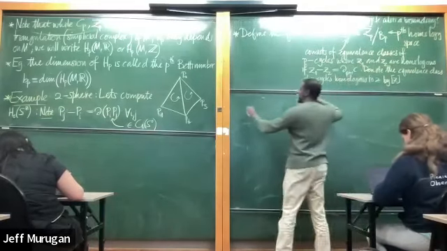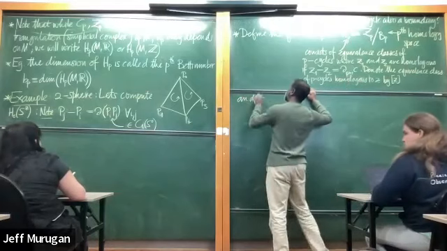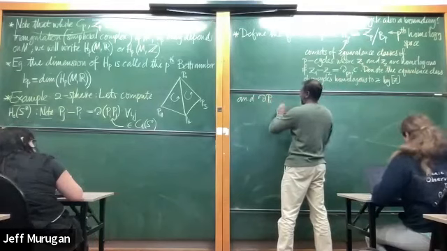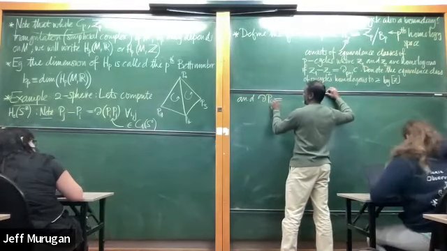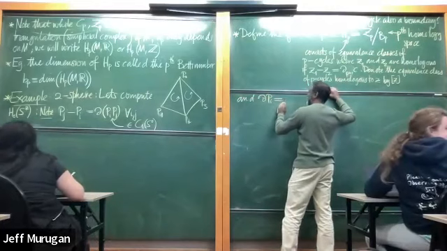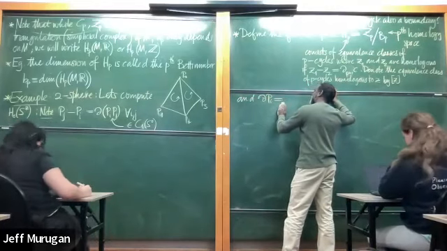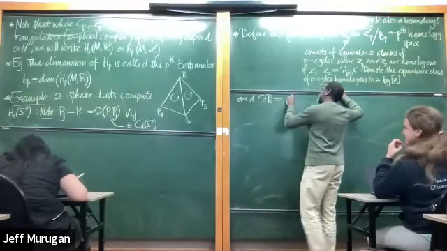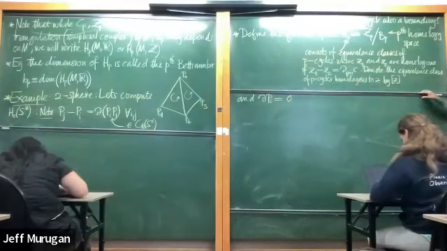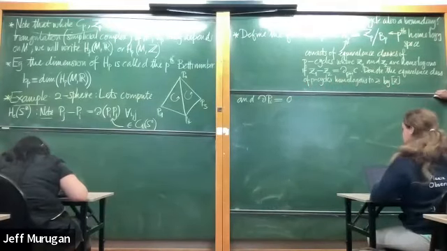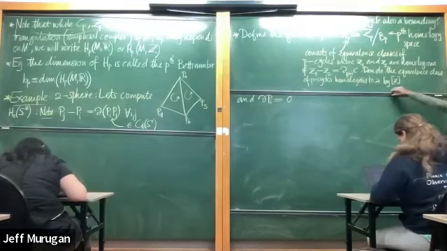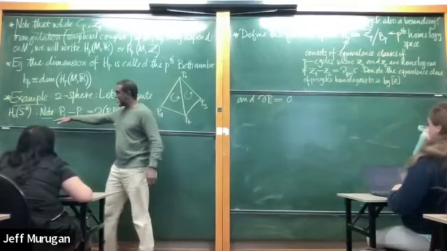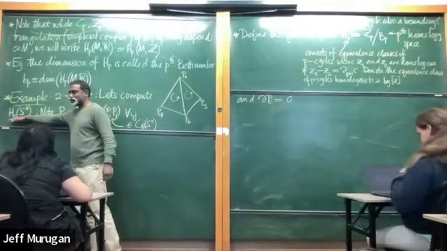You also know that the boundary of any vertex is 0. So again, we're trying to calculate the homology group corresponding to 0.